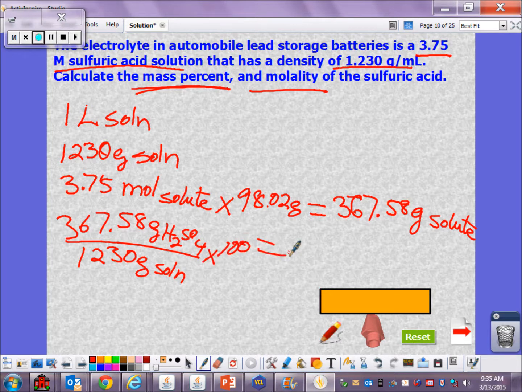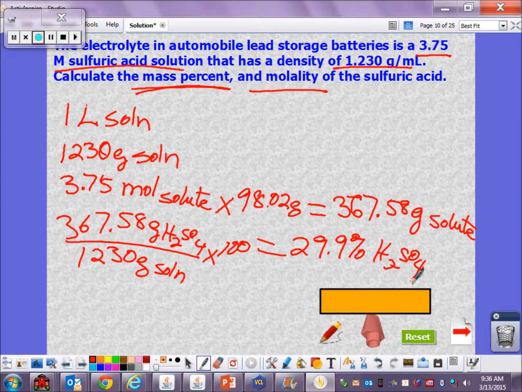So what is the mass percent? 368 divided by 1230 is 29.9. It is 29.9% H2SO4.